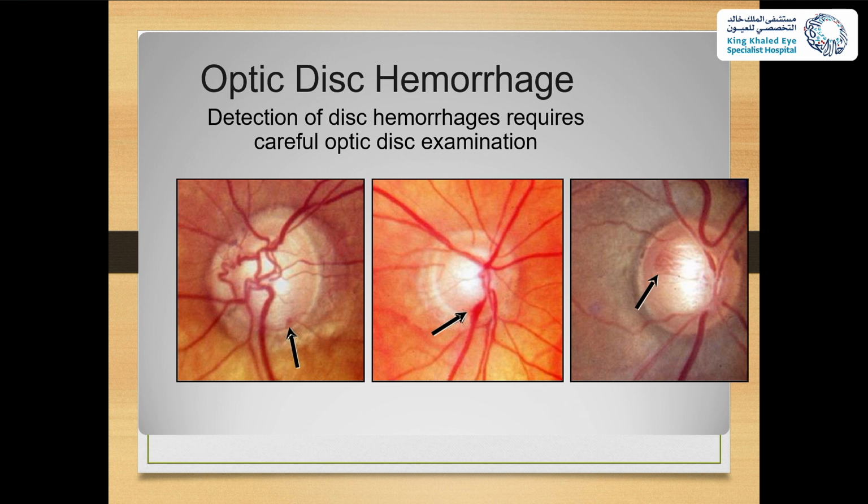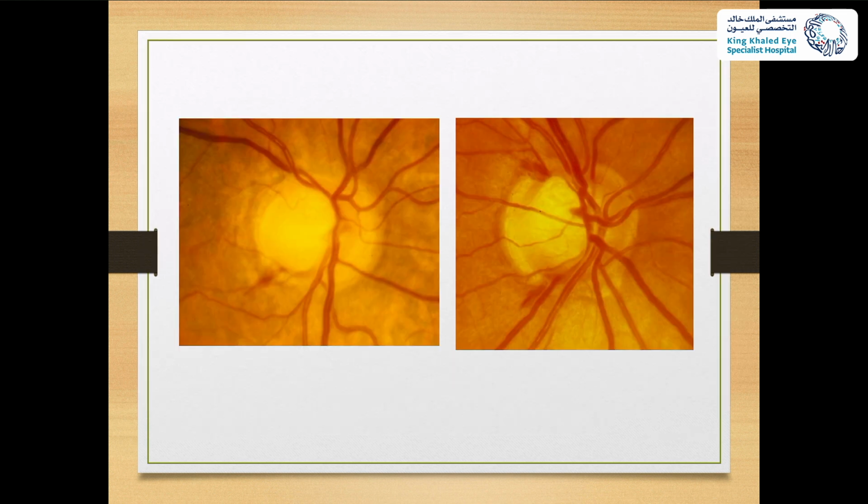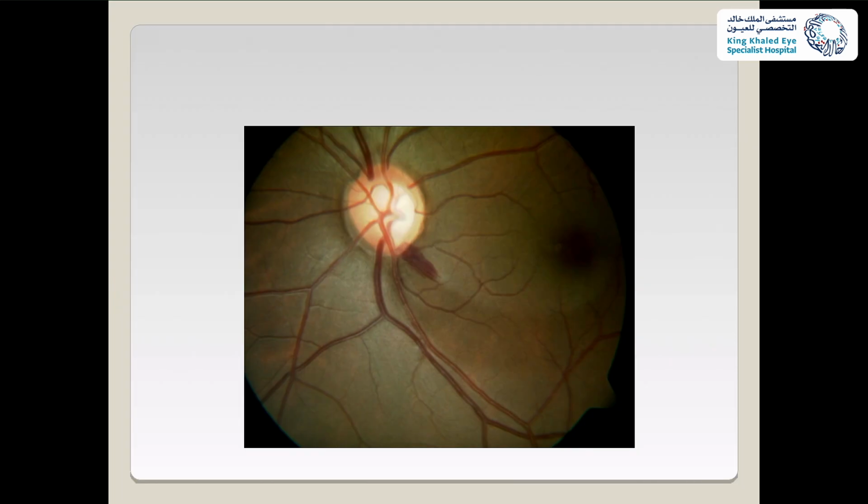Another photo showing multiple disc hemorrhages. Another photo example showing disc hemorrhages. This one is a little bit bigger, and this disc hemorrhage shows a nerve fiber layer defect in the examination itself, before you do the visual field.